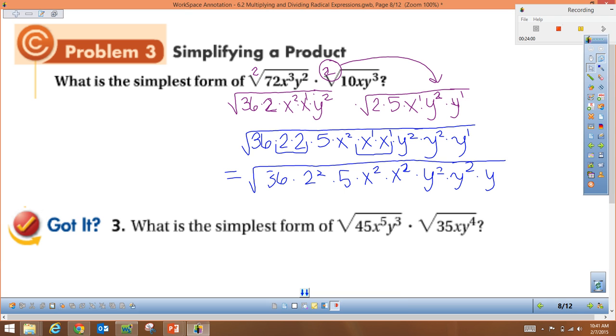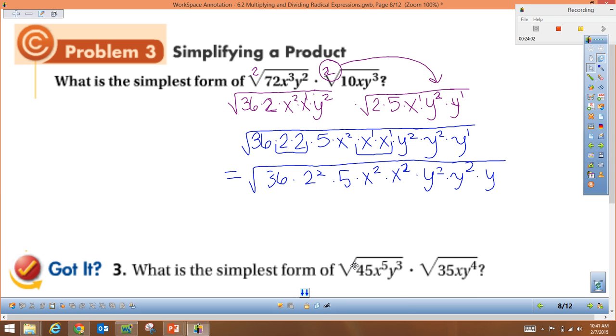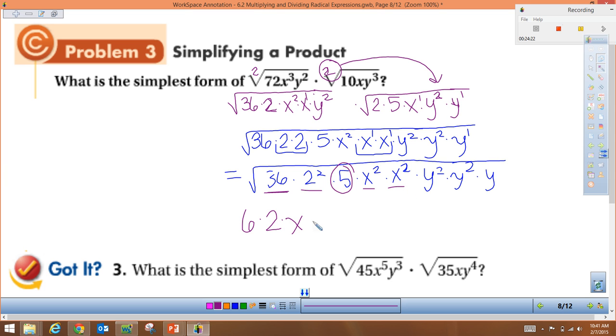Now let's work on taking those square roots. Square root of 36, we know we can do. That's 6. Square root of 2 squared, that's 2. Square root of 5 has to stay. Square root of x squared is x. Square root of this x squared is x. Square root of this y squared is y.